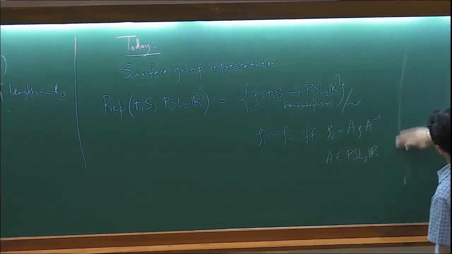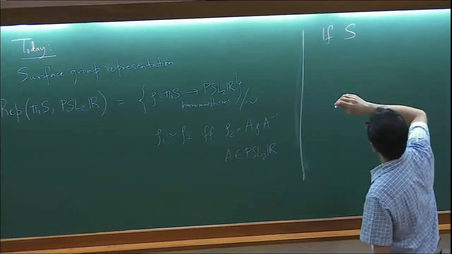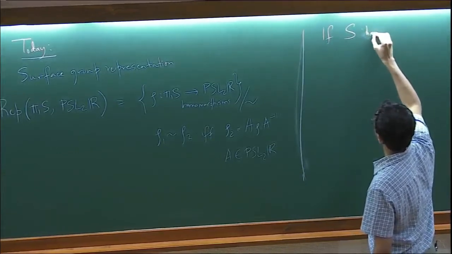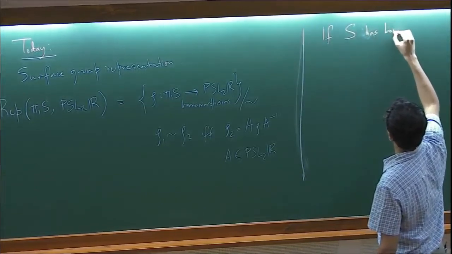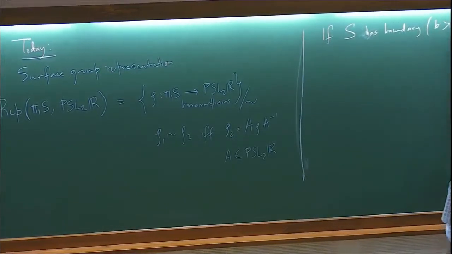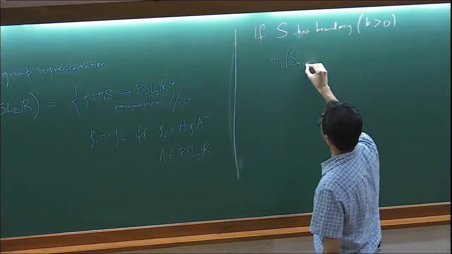So let me say what they are in some special cases. If S is a surface with boundary, so in our notation we had G and B, where B is greater than 0, then what's the fundamental group of S_{G,B}?